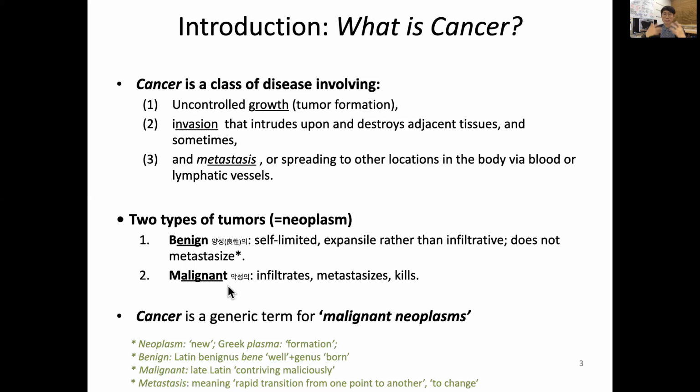So we need to differentiate whether a tumor is benign, and we feel a little safe, or malignant. When we hear malignancy, it means a potential to kill the patient. In the end, cancer is a generic term for a malignant neoplasm. Neo means new, plasm means formation, so it's a new formation. By definition, cancer is a malignant neoplasm.